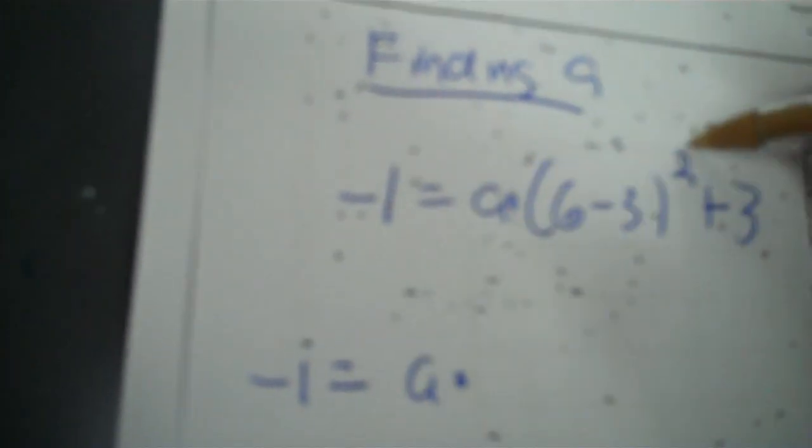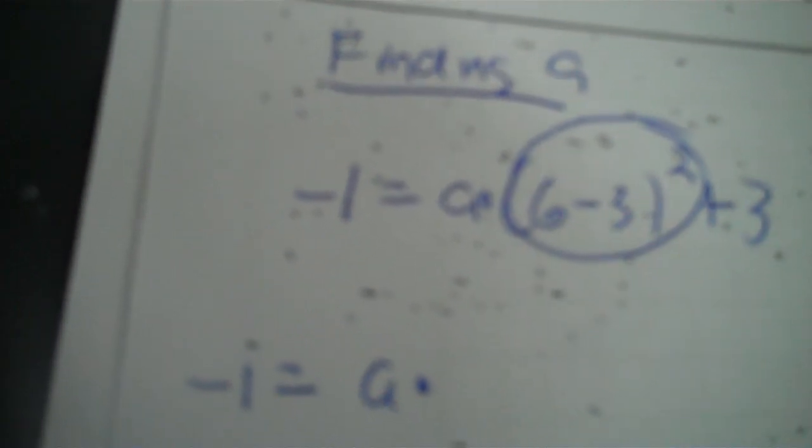So negative 1 equals a times, and then you figure out what that is. It's 9 because 6 minus 3 is 3, and 3 to the second power is 9. But if you struggle with mental math, go with that. Then plus 3. So we got multiplying by 9 and plus 3.